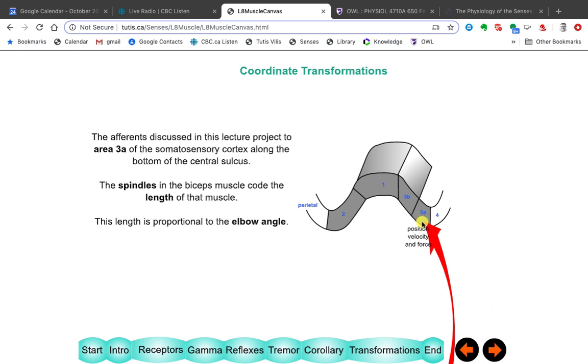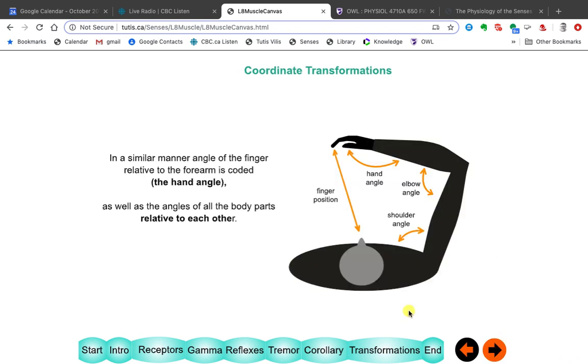Let's say it's, in this case, what your elbow angle is. So that's what's coded in this position. Somewhere else, you also have what your shoulder angle is. Somewhere else you have where your hand angle is. So all these things are coded separately: the shoulder angle, the elbow angle, the hand angle. And to be able to get an idea of where your finger is, you have to combine all these signals.